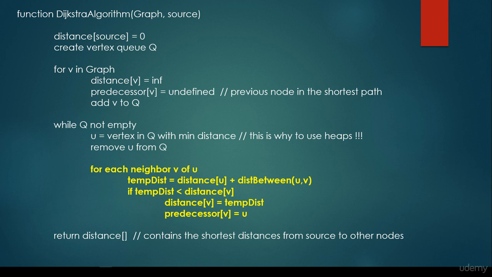And then while the queue is not empty, we get the minimum distance vertex, that's why it is a greedy algorithm. We have to remove this vertex from the queue, and we check for every neighboring vertex whether there is any better solution, in the sense of whether there is any shorter path. And what is the distance?